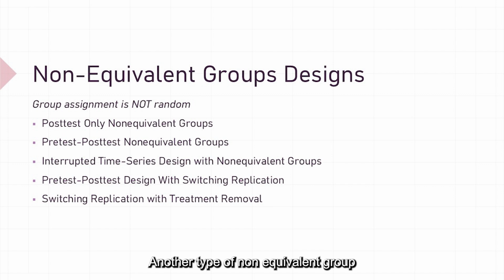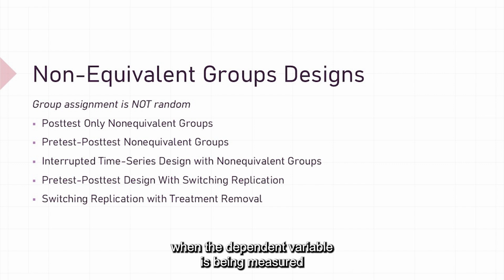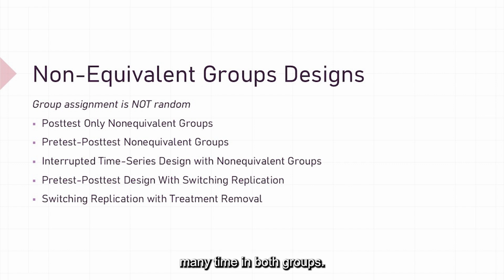Another type is the interrupted time series design, when the dependent variable is being measured many times in both groups.